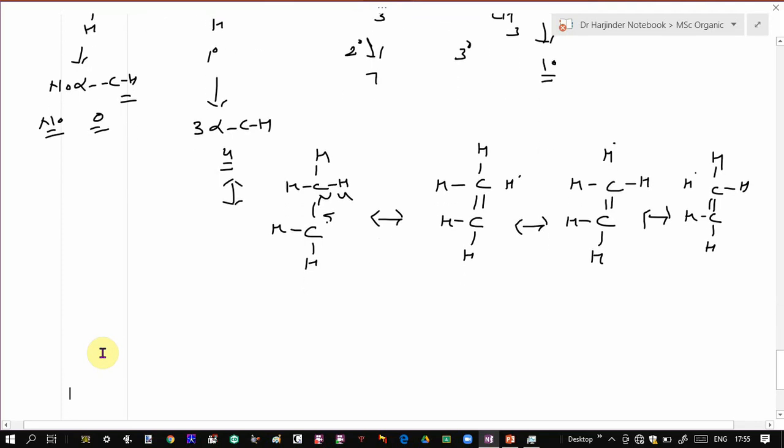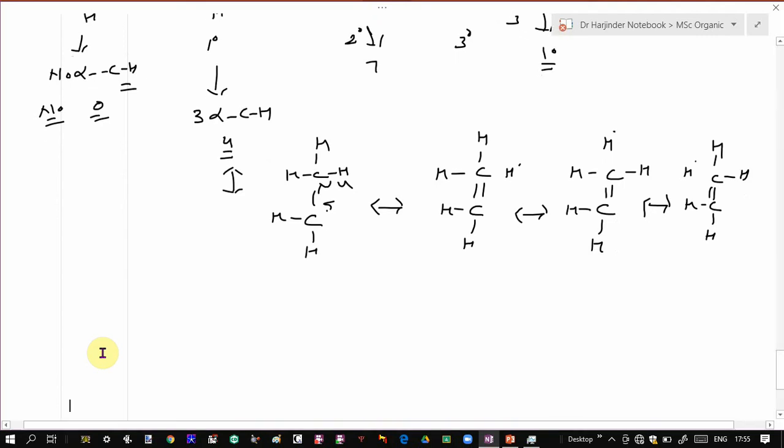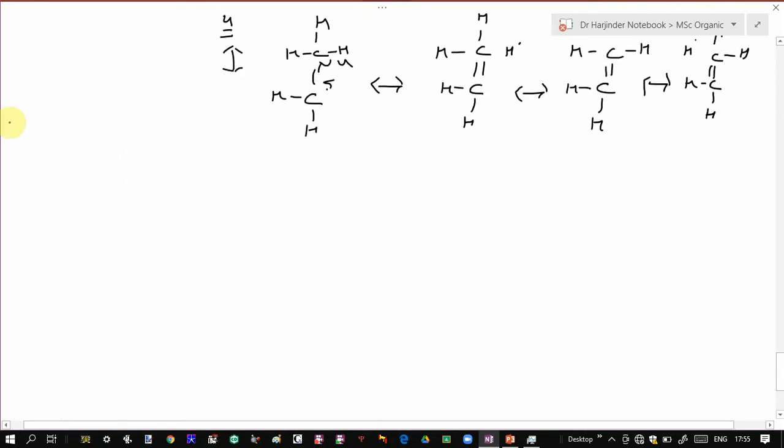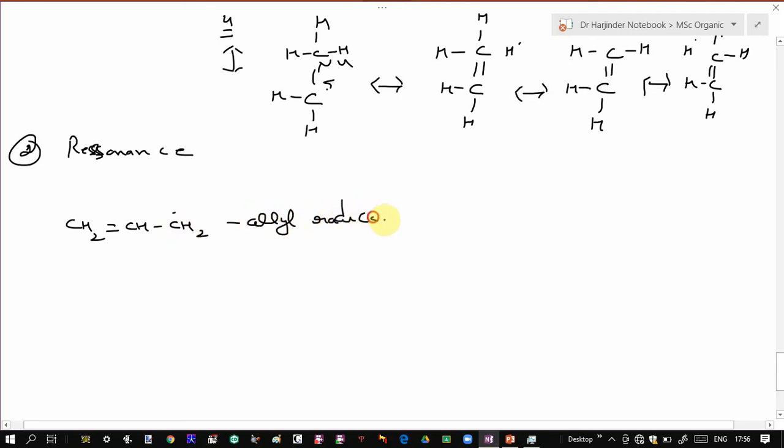The other factor that describes the stability of these free radicals is resonance. So more resonance structures, more the stability. For example, if you have the allyl free radical, as we have discussed earlier, it has two resonance structures.